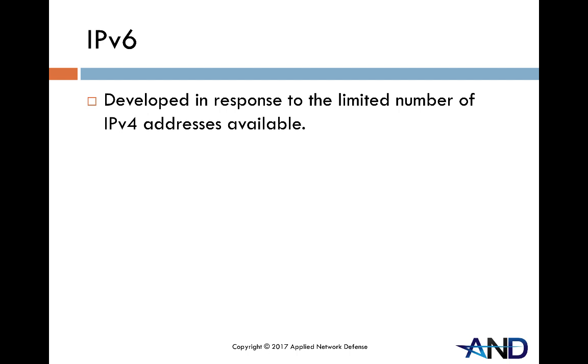Now, IPv6 was created to solve the problem we discussed earlier about the limited number of external or public addresses available in the IPv4 space. If you'll remember, an IPv4 address is only 4 bytes, and that gave us just a little less than 4.3 billion possible addresses. Now, when IPv4 was created decades ago, people thought, well, there will never be 4.3 billion devices connected to the public internet.